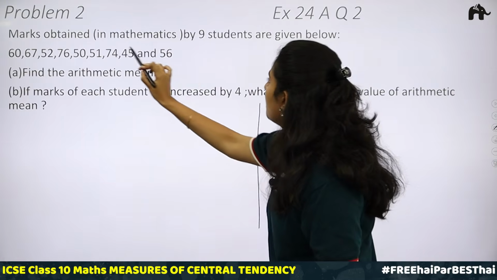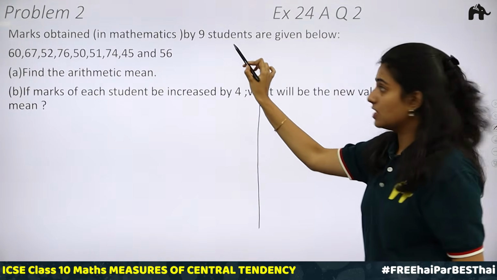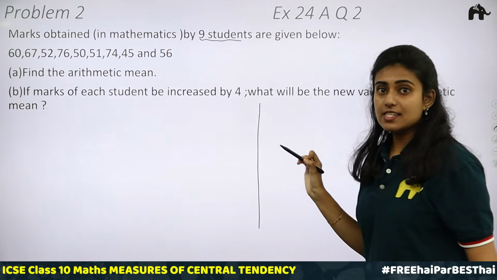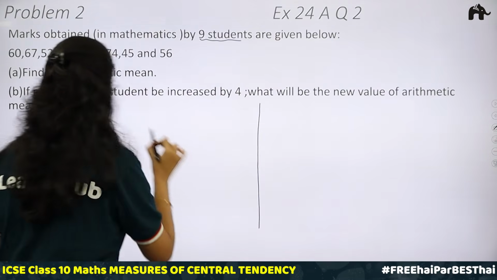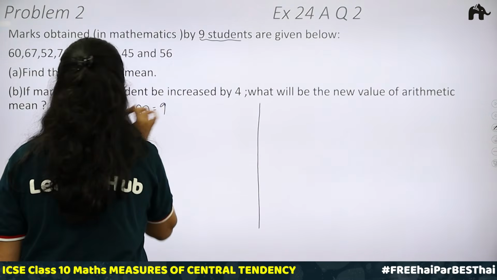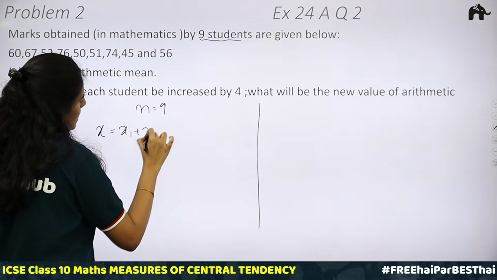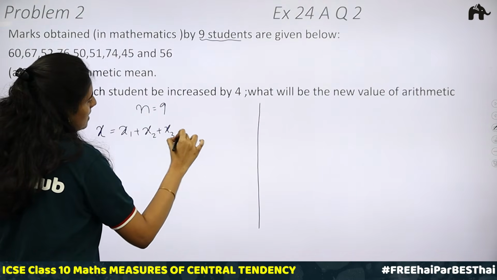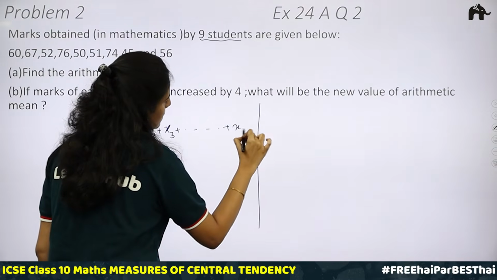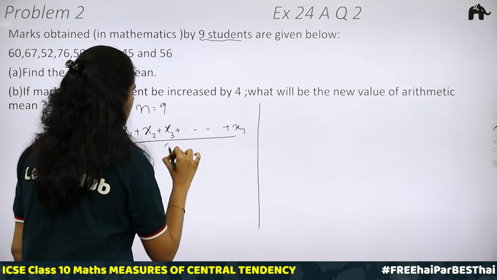Now, marks obtained in mathematics by 9 students. So, what is this 9? 9 is the n value. Okay, here n is equal to 9. We have arithmetic mean x is equal to x1 plus x2 plus x3 plus etc. plus x9 whole divided by n.